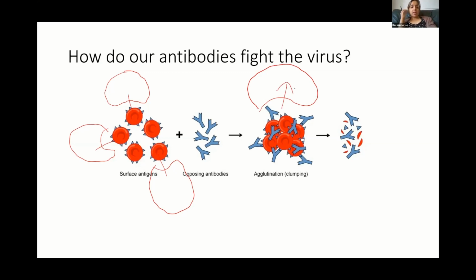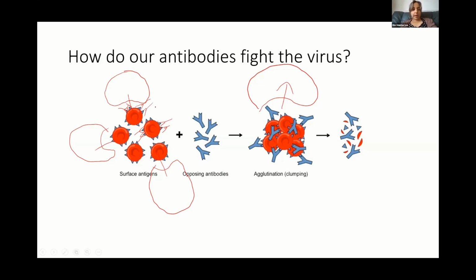Another thing that antibodies do is they bind to viruses like this. I'm just going to draw that on here as well. They will bind to the viruses, and they will make the viruses more recognizable by the phagocytes. It can be quite difficult for a phagocyte to recognize something as being self or non-self because the receptors are so small.